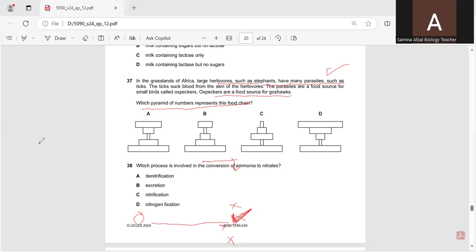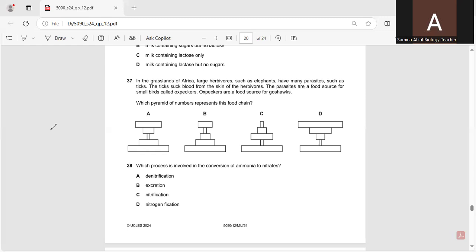Question number 37. In the grasslands of Africa, large herbivores such as the elephants have many parasites such as ticks. The ticks suck blood from the skin of the herbivores. The parasites are a food source for small birds called oxpeckers. Oxpeckers are the food source for bush hawks.